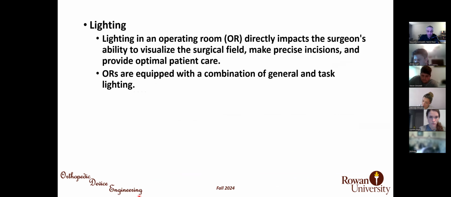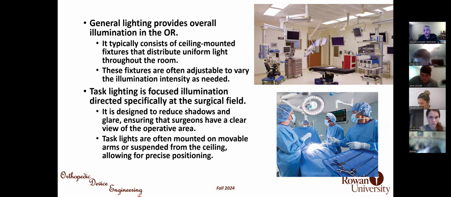Another important part in the operating room is lighting. Without lighting, the surgeon cannot perform the surgery, specifically in deep wounds. We have two kinds of lighting in the operating room. One, general lighting, which is the general or ambient light, usually in the ceiling, and it provides the light for the whole room. You can change their intensity, but they are not focused.